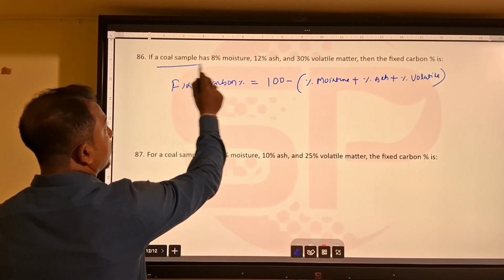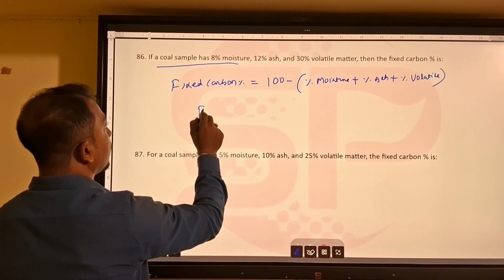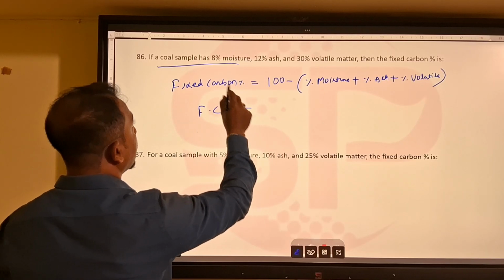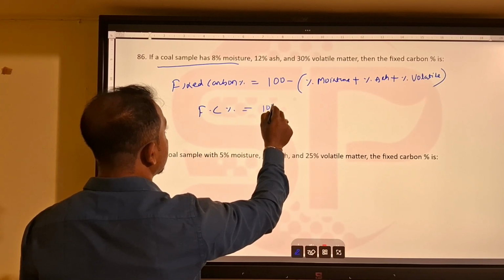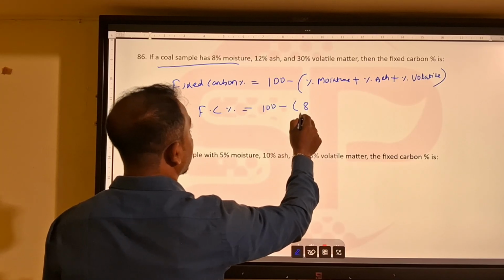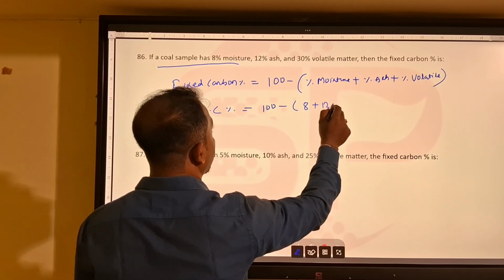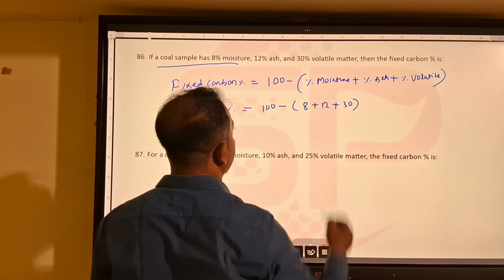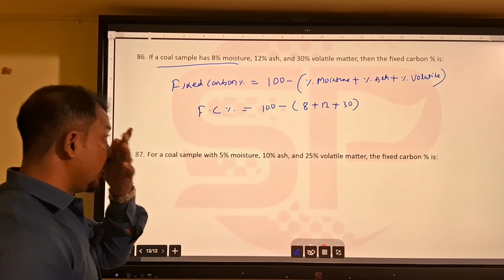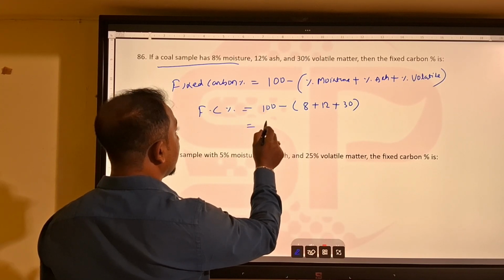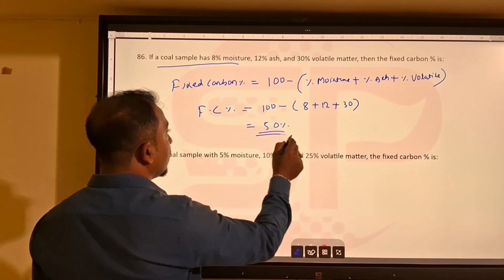So here moisture is given 8%, so 100 minus moisture 8, then ash is 12, plus volatile is 30. It will be 50%, 100 minus 50, it will be 50%.